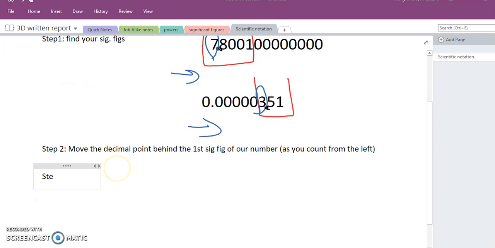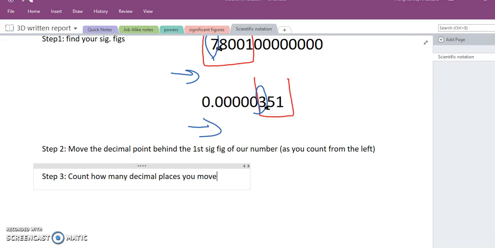So now that we've done that, step 3. Count how many decimal places you had to move your decimal point. All right, so let's do this.